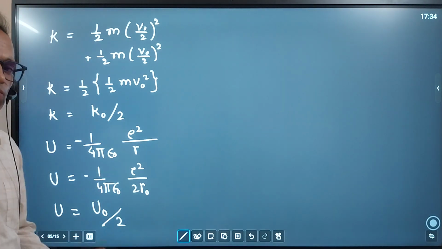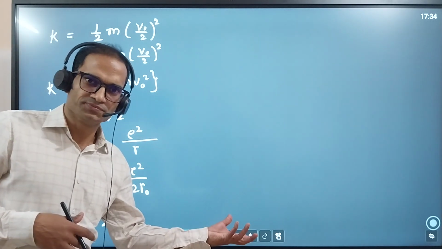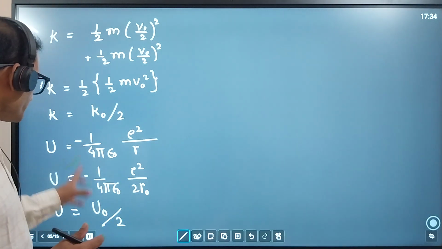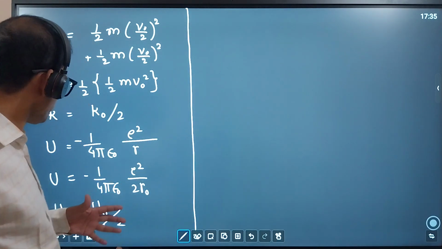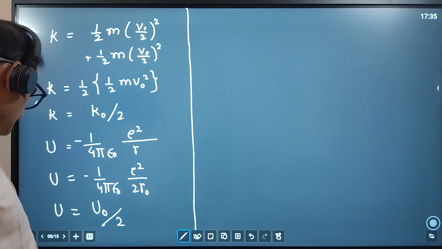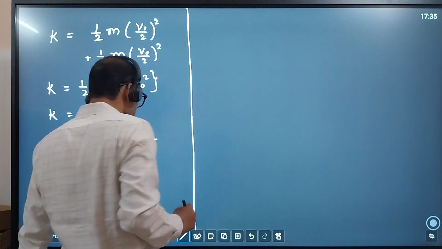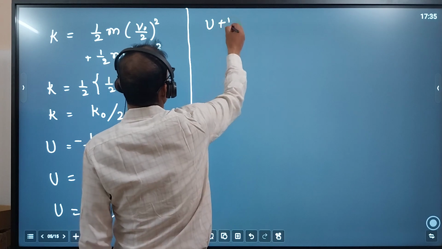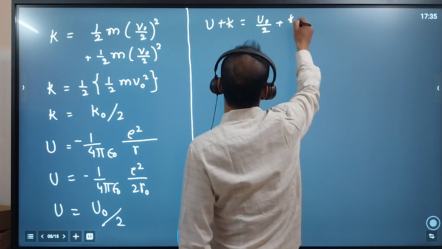Okay, so what is u naught? u naught is the potential energy of electron and hydrogen nucleus in the ground state. And here u is the potential energy of the combination of positron and electron, so it is also half. So it looks like our problems become easy. So this u plus k will be u naught plus k naught by 2.